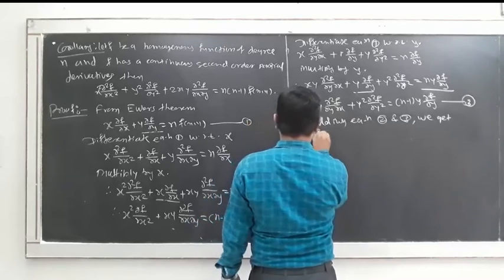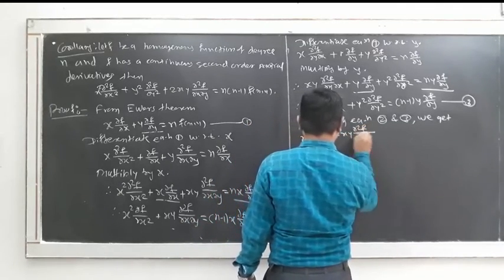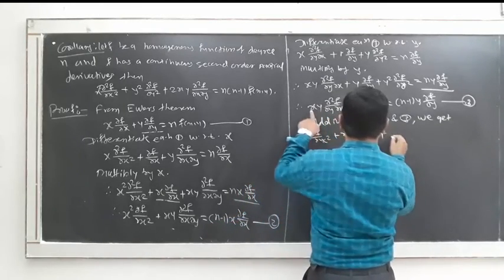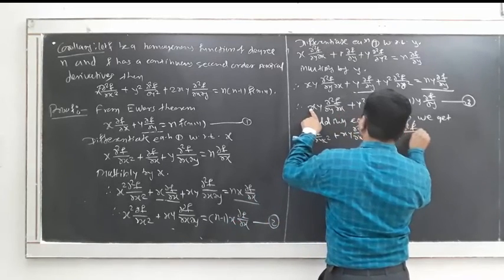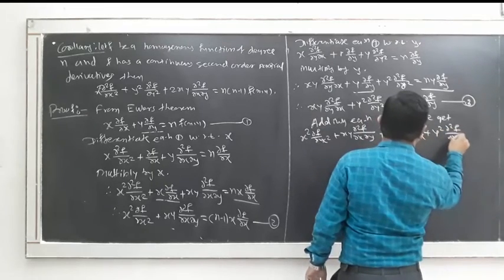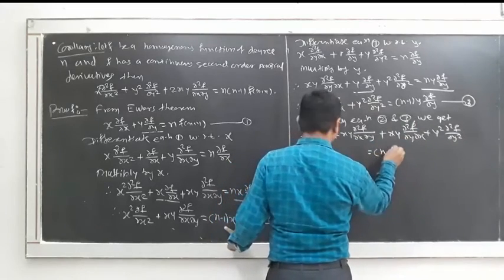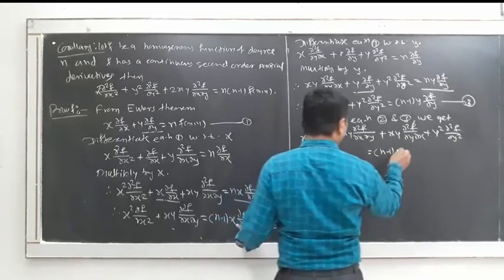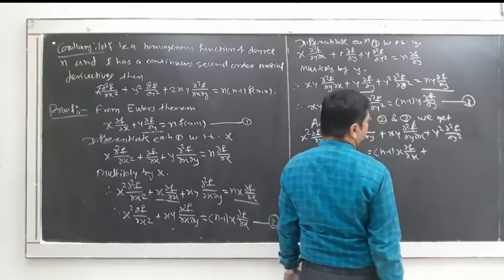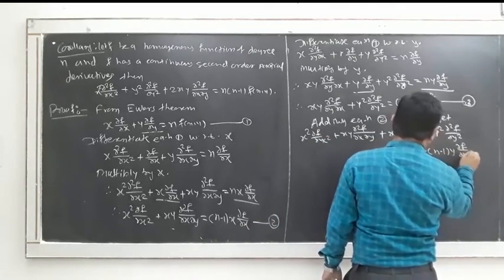x² ∂²f/∂x² + xy ∂²f/∂x∂y + xy ∂²f/∂y∂x + y² ∂²f/∂y², it is equal to what? (n − 1) into x ∂f/∂x plus (n − 1) y ∂f/∂y.